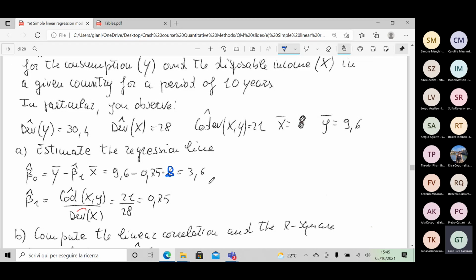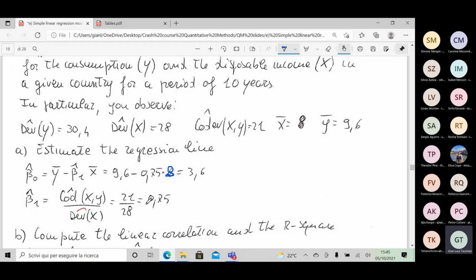Again, guys, provide an interpretation of this data. So beta 1 hat is the estimate, in our sample made up of 10 observations, of the slope of the unknown regression line, the true line, which is unknown. This is our estimate.